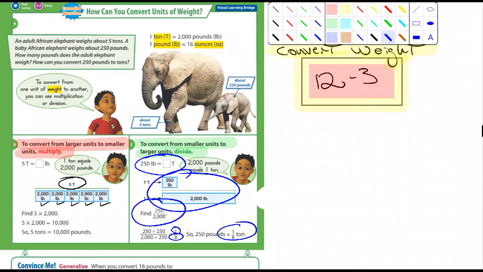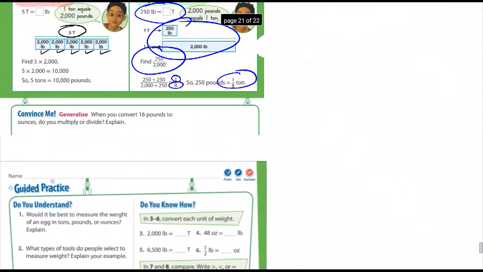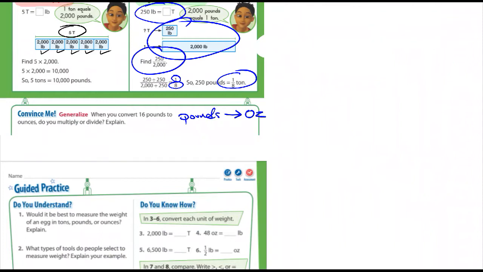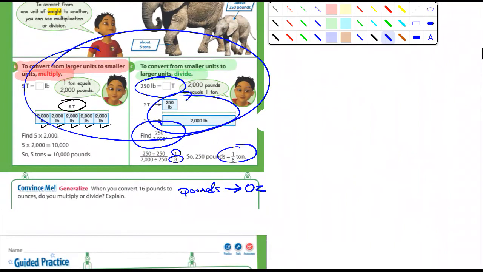Most of you guys should be familiar with that by now. It says, when you convert 16 pounds to ounces, do you multiply or divide? So we're going from pounds to ounces. So my question is, as I look at this right here, are we going from larger to smaller or smaller to larger?